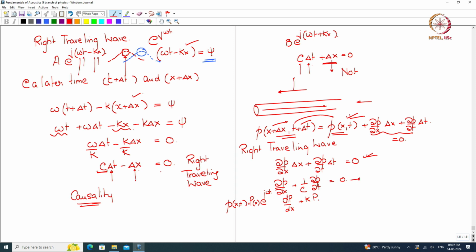If we look at this expression for a right travelling wave, I will get a minus j times k times p from the spatial derivative. Then I get a plus j times k times p, that is equal to 0.